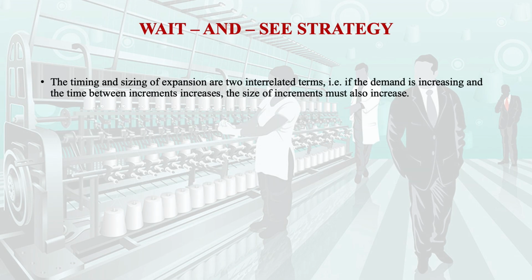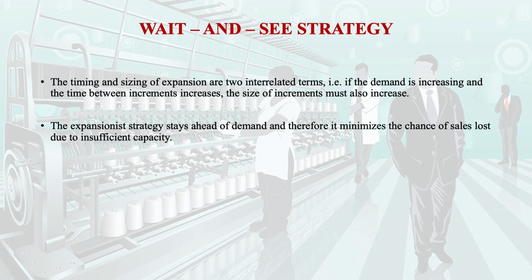Timing and sizing of expansion are two interrelated terms. If the demand is increasing and the time between increments also increases, the size of increment must also increase. The expansion strategy stays ahead of demand, and therefore it minimizes the chances of sales lost due to insufficient capacity. And that is very important.